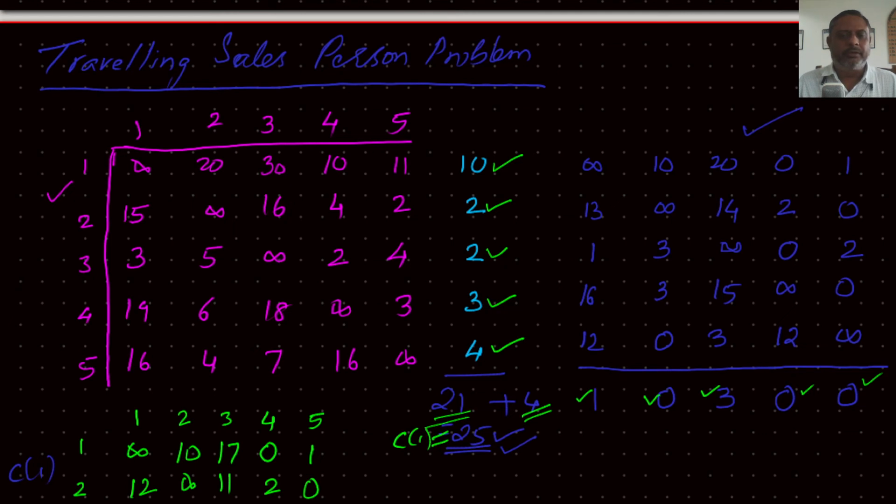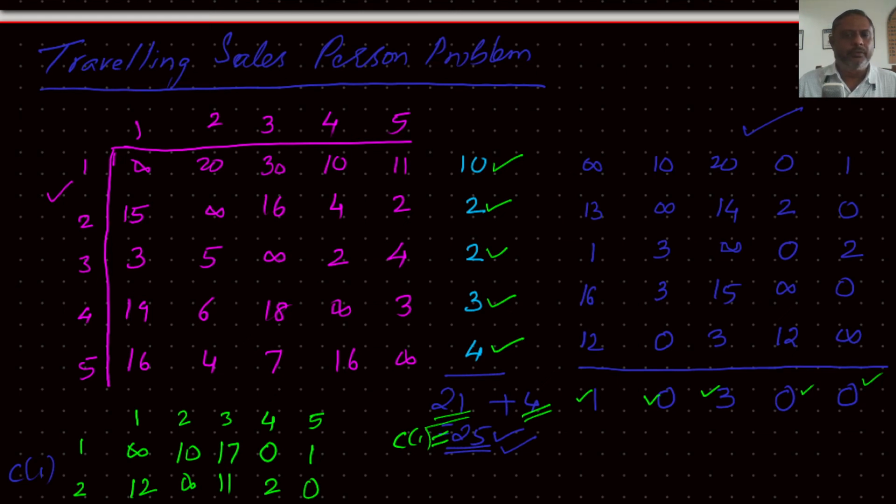This row has got minimum of 2. This row has got minimum of 11. So subtracting this becomes 0. This becomes 0. Column wise, both of them will be 0. So we are left with 13 here. So C of 1, 4, 2, 3 will be C of 2 to 3 plus C of 1, 4, 2 plus C dash of 3.